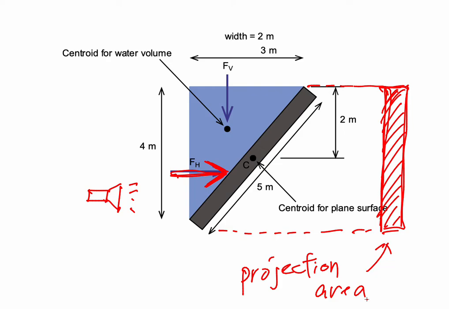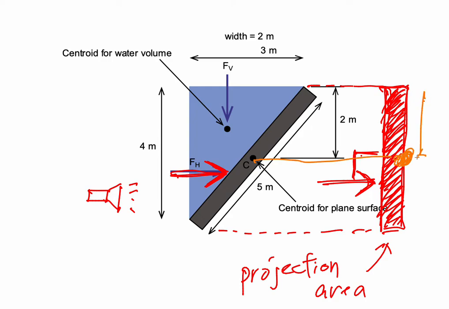We need to make sure that the force acts perpendicular to the surface, so we change the object from an inclined position into a straight vertical position. However, the location of the centroid remains the same, which is 2 meters from the free surface here.